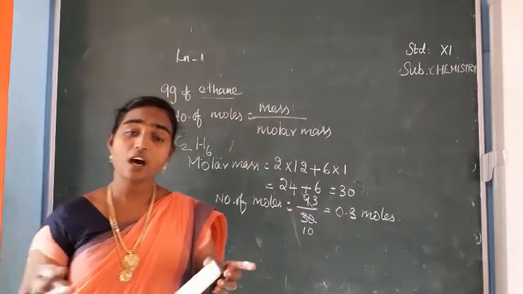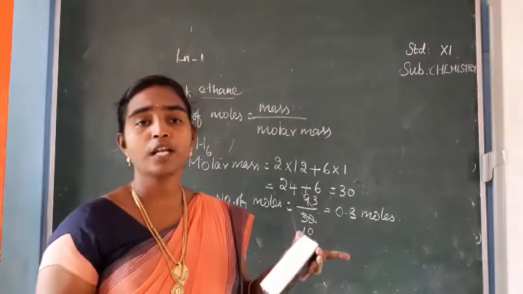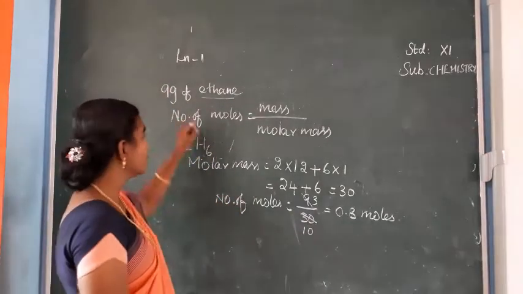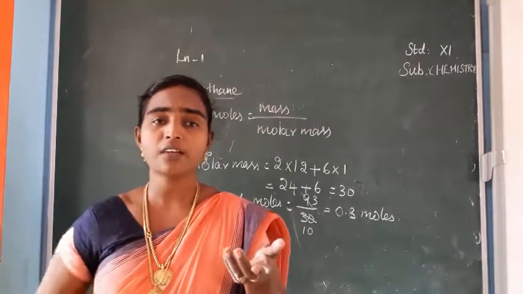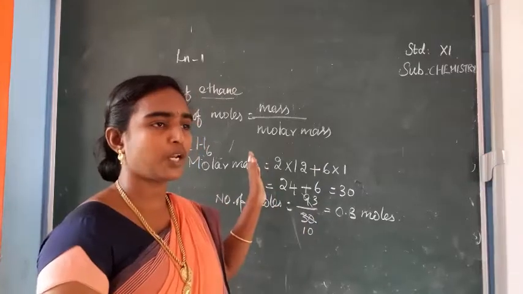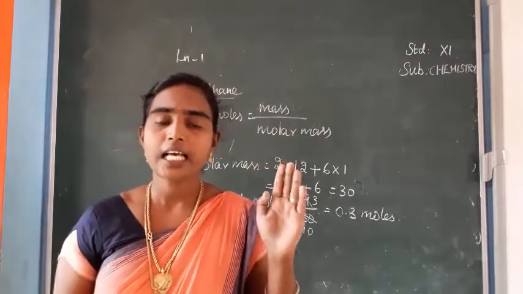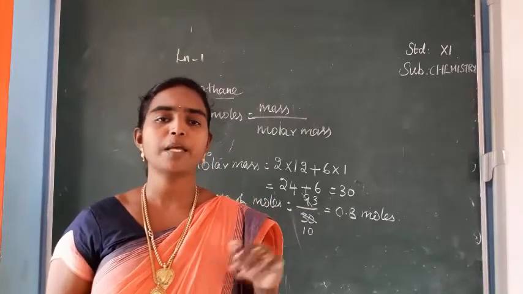If they ask the question for some other compound, and maybe they can change the mass value, instead of 9 gram they can give some other value. Anyhow you can use this formula. What's the formula? Number of moles is equal to mass divided by molar mass.